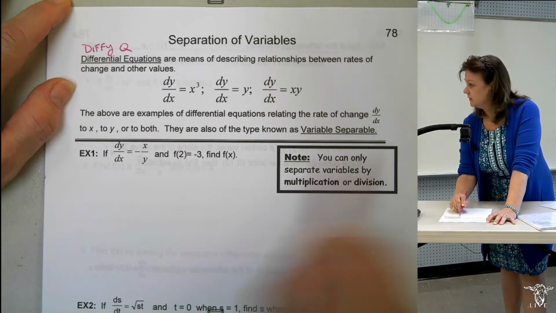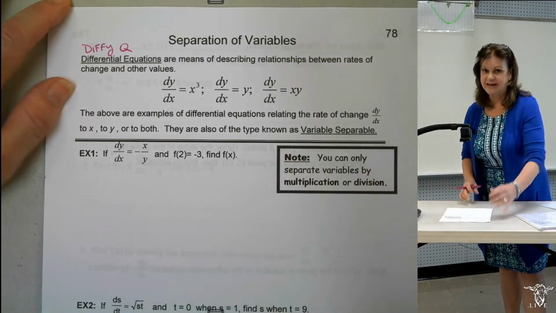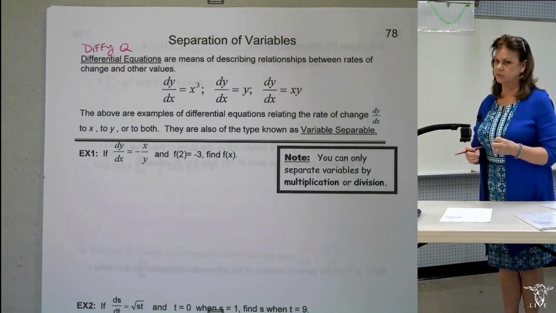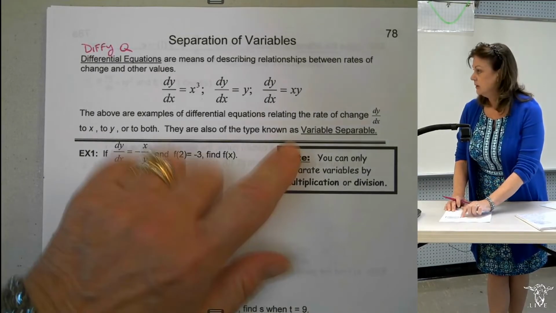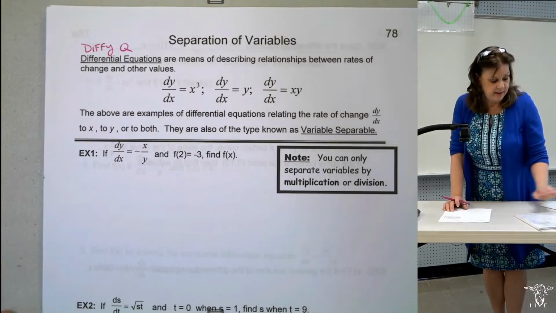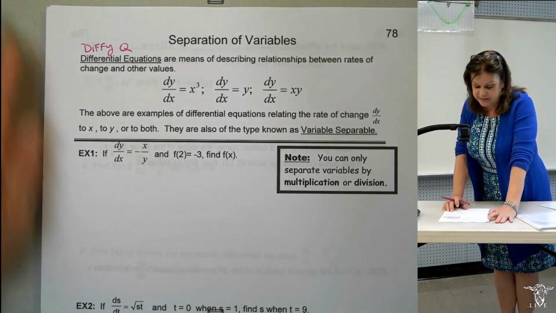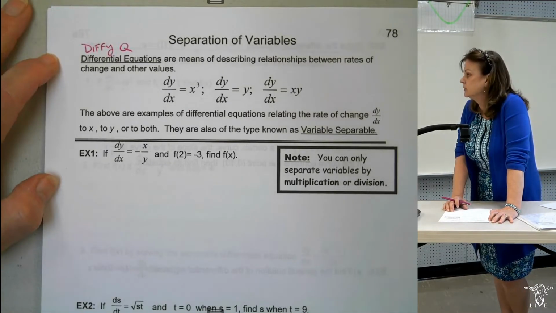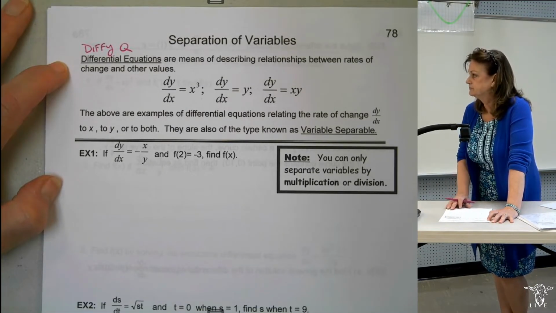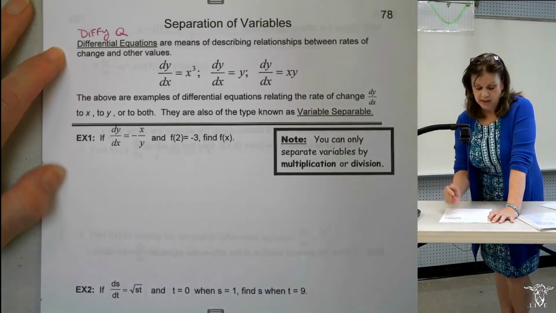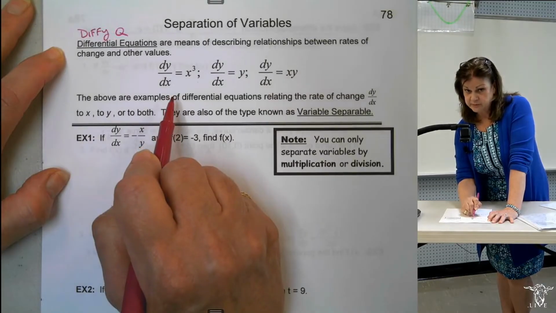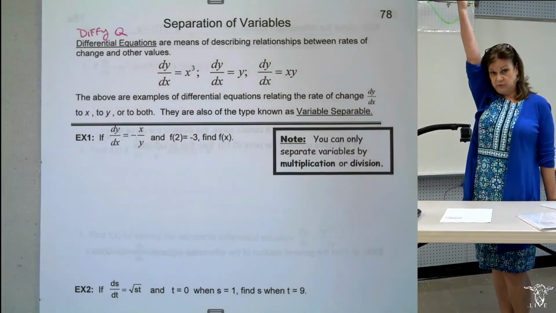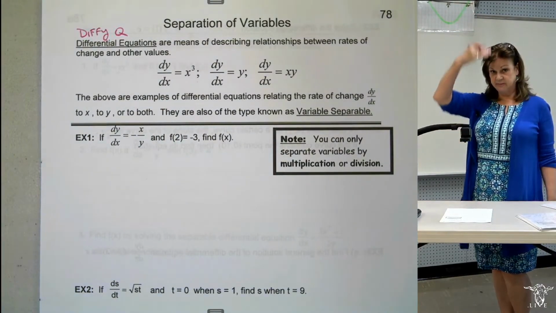Again, notice we are in a box and it is black and it is heavily labeled purple glitter moment. You are not separating by addition or subtraction. You are only separating by multiplication and division. If I was to look at a slope field for dy dx is x cubed, all my slopes will be the same vertically.